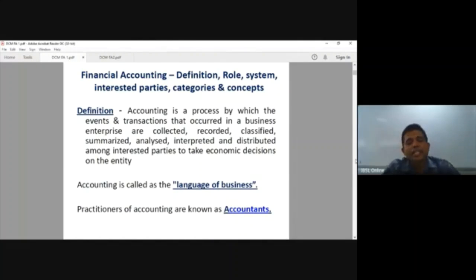If you take the definition of accounting, it says that in a business organization there are many transactions happening, right? If you take a bank, a transaction is when a customer makes a deposit, or makes a withdrawal.